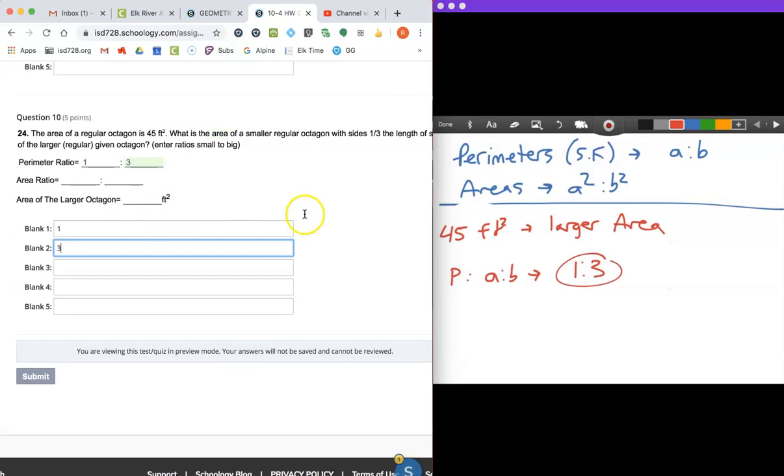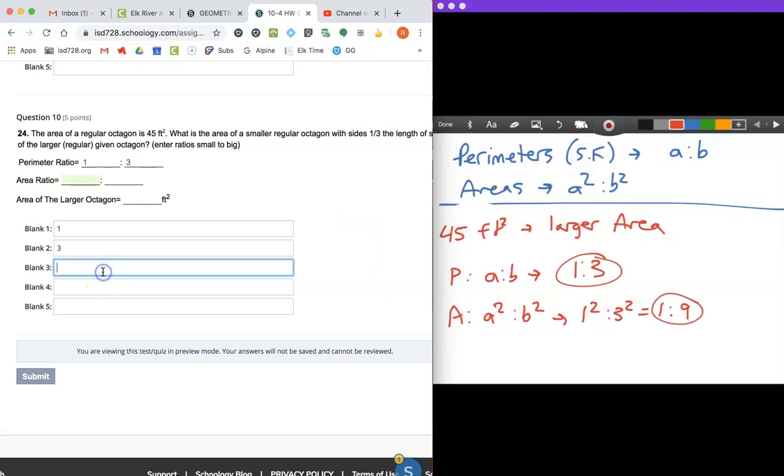The ratio of the perimeters is given, 1 to 3. The ratio of the areas is A squared to B squared, which is 1 squared to 3 squared, which is 1 to 9. That's my second answer. So the bigger octagon has sides that are 3 times bigger, but it has area that's 9 times bigger. So 1 to 9. All right.